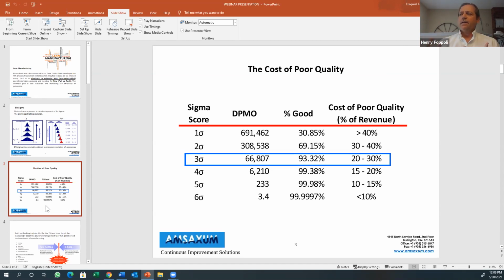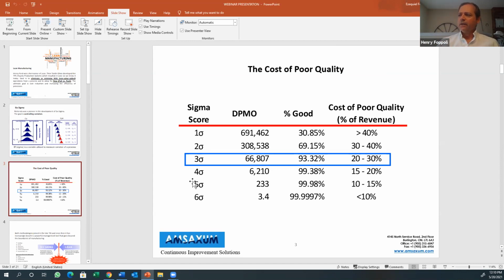So the Cp and the Cpk give you an indication of the sigma score, which is a way to quantify the goodness of your process. And so as we see, the higher the sigma score, the fewer defects. DPMO means defects per million opportunities.